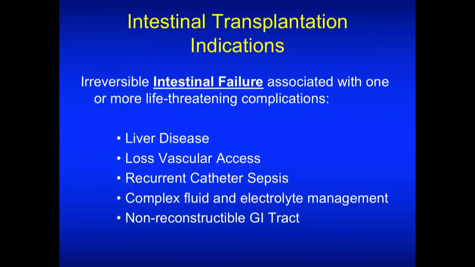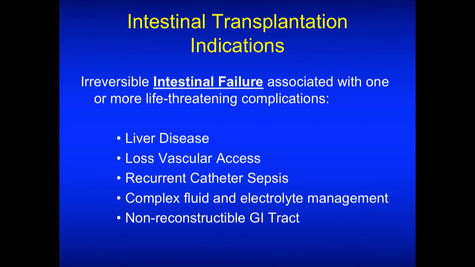So finally, a couple words about intestinal transplantation. I do want to say that we reserve intestinal transplantation only for people who develop life-threatening complications on TPN. These complications include liver disease, severe loss of vascular access, meaning many central veins are clotted as a result of repeated catheter insertions, and recurrent catheter sepsis.